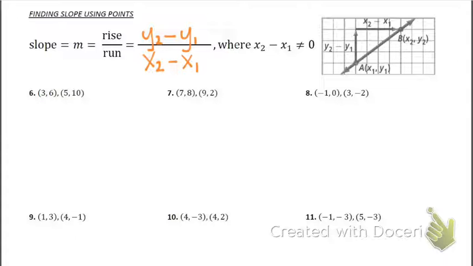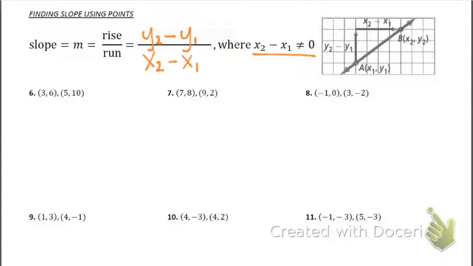Please notice that my y2 and my x2 come first, and then the y1 and the x1 come second. Okay? And then also notice right here where it says x2 minus x1 cannot equal 0. If it does, that gives you an undefined slope. Okay? So if you get x2 minus x1 as 0, your slope will be undefined.